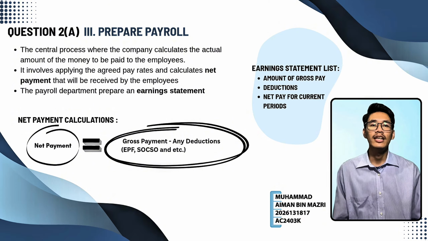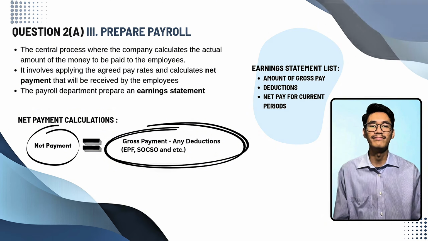The calculation of net payment is gross payment minus any deductions such as EPF, SOCSO, and so on. Afterwards, the payroll department will prepare an earning statement. The earning statement normally consists of the amount of gross pay, deductions, and net payment for the current period.